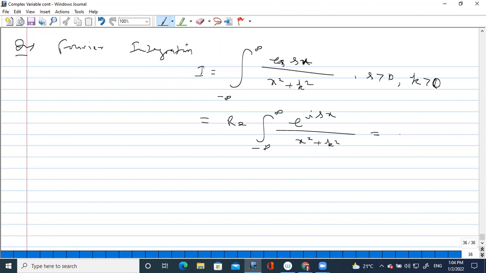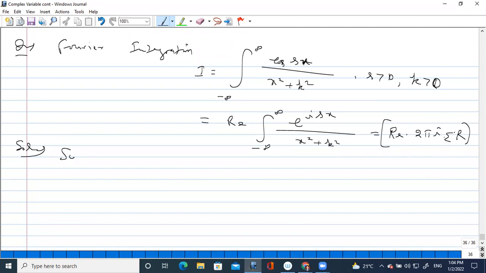Then this will be equal to the real part of 2 pi i into residue, or the summation of residues if more residues are there. Just find the suitable residue.